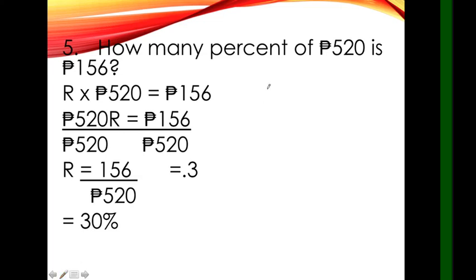So we have R equals P over B. Our P is 156 over 520. I-divide mo yung dalawa, you will get 0.3. In a percentage, mag-move ka ng 2 decimal, mag-add ka ng 0, that's 30%. So 30% is 156 of 520.